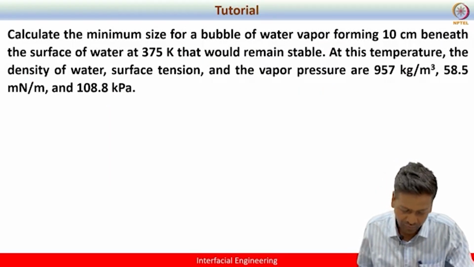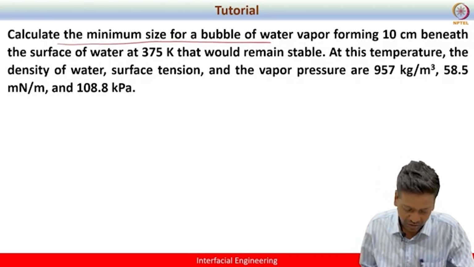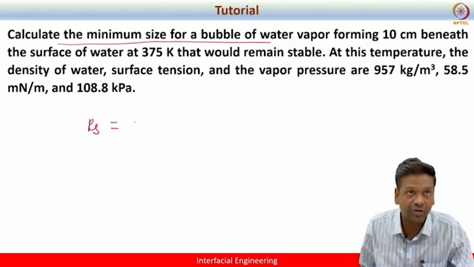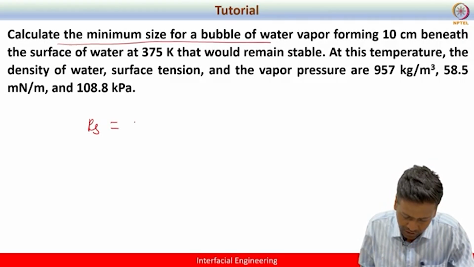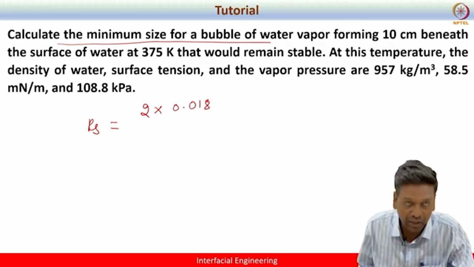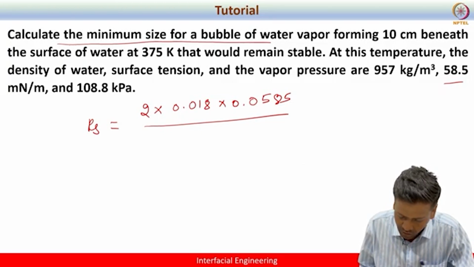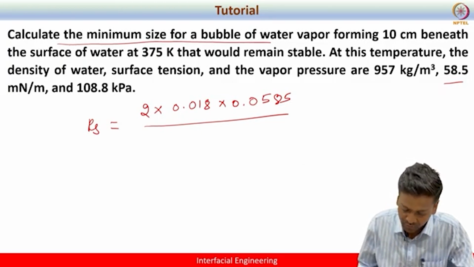In another exercise, we can even calculate the radius of the bubble, okay? So the radius of the bubble you can calculate using the equation that is nothing but 2 into M. Since it is water vapor, we can use M as 0.018, into the gamma value which is given, 0.0585, divided by the density, which is 957, into R, you have to take 8.314, which is given in joule per mole Kelvin.